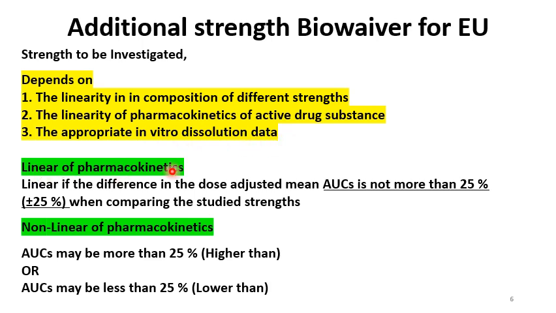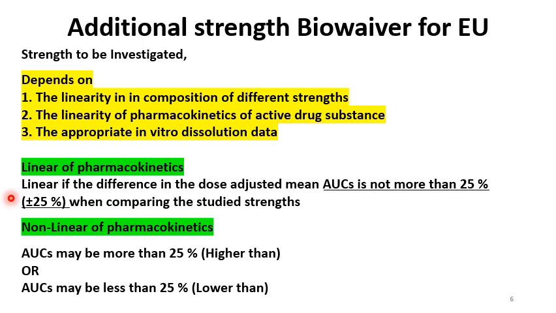So linear pharmacokinetics and non-linear pharmacokinetics come into the picture, and we should understand this in a very simple way. See, if you have three products, three strengths, 100 mg, 50 mg and 25 mg, and you are giving 100 mg to the patient, then with that 100 mg dose you will get an AUC, that is area under the curve.